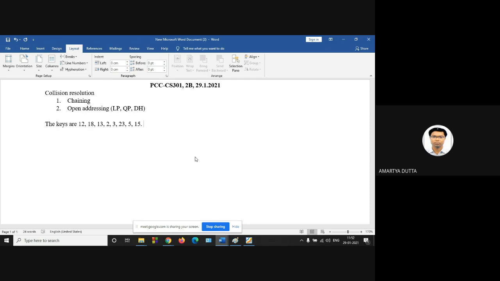And hash table of size 10. And using linear probing, find out the resultant hash table using linear probing.